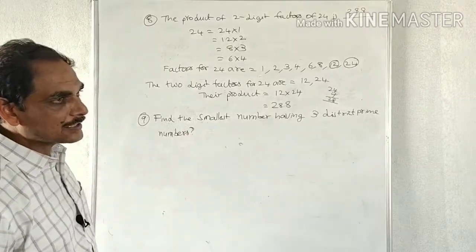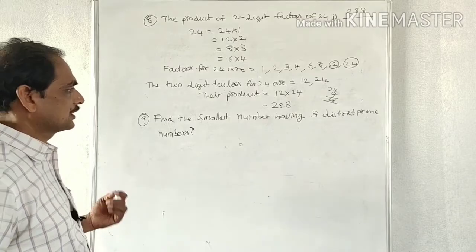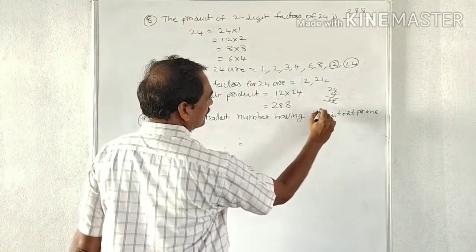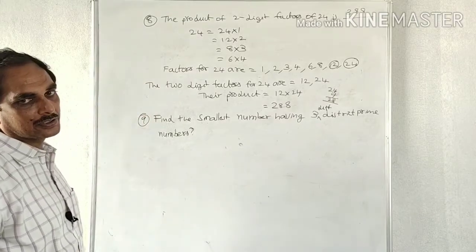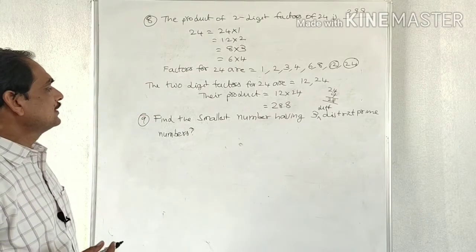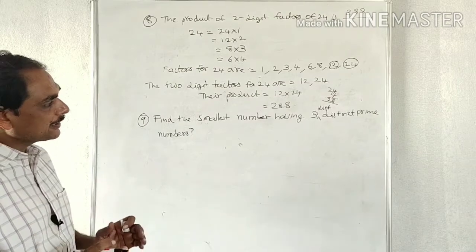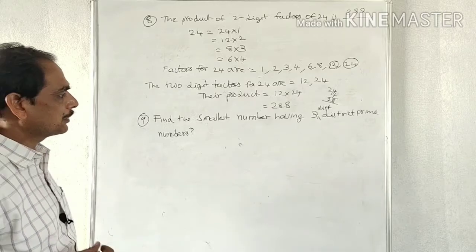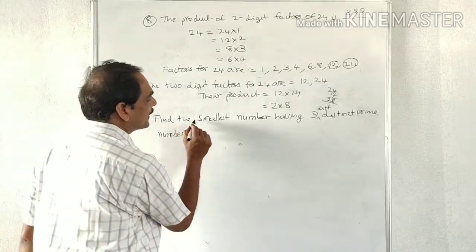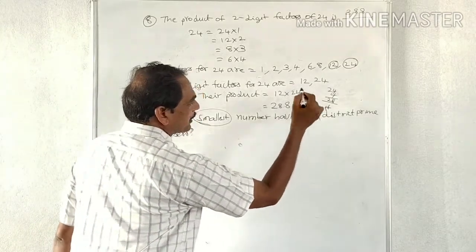So find the smallest number having three different distinct primes. Distinct means different prime numbers. So we are going to find the smallest number which has three distinct prime numbers.